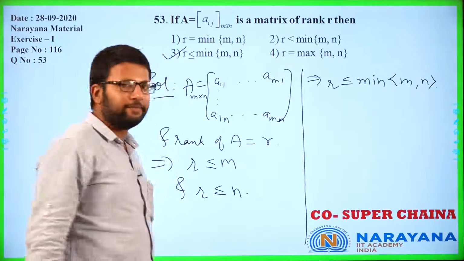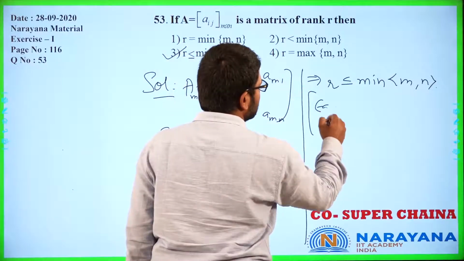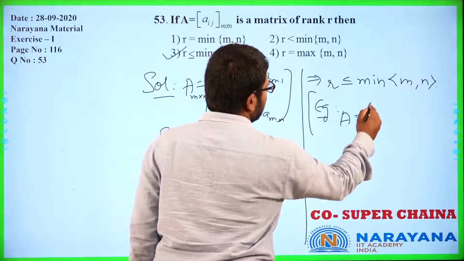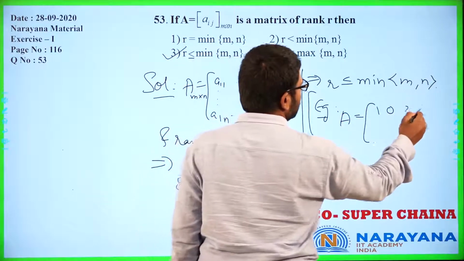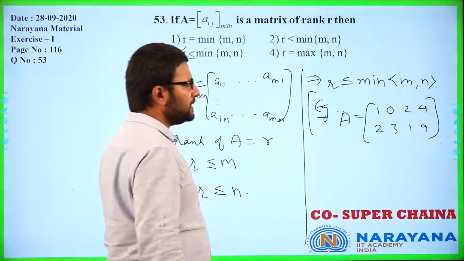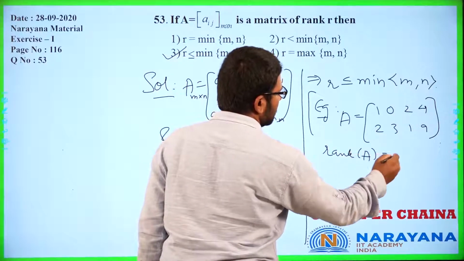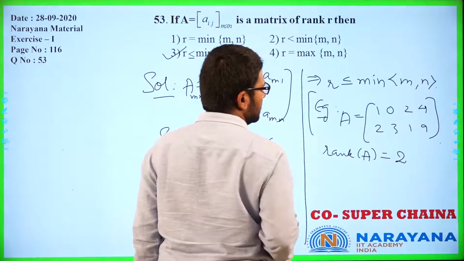Yes, if you're still confused, you can think of some example. Some A, which is let's say 1, 0, 2, 4, 2, 3, 1, 9. What is the rank of A? Is 2, right?